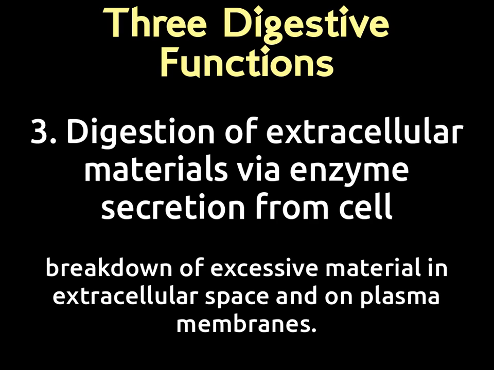We can also bind the lysosome with the cell membrane and then secrete the enzymes that are inside out into the extracellular space, to digest some material there as well. And this can also be peripheral proteins or peripheral things on the plasma membrane.